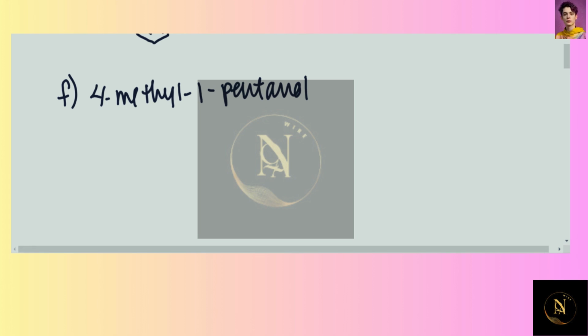So now finally in part F, we have 4-methyl-1-pentanol. Pentan, that's 5 carbons, 1-ol, so I'm going to make this carbon 1, and 4-methyl. So 1, 2, 3, 4. Again, just as in part E, we have a primary alcohol, and that should be a clue for us that we need to start with an aldehyde.